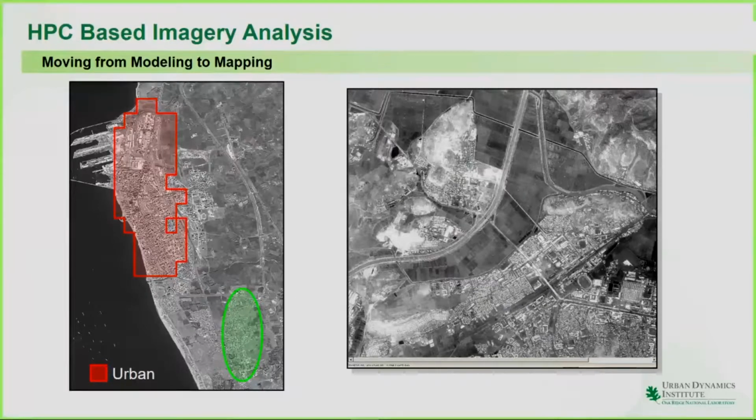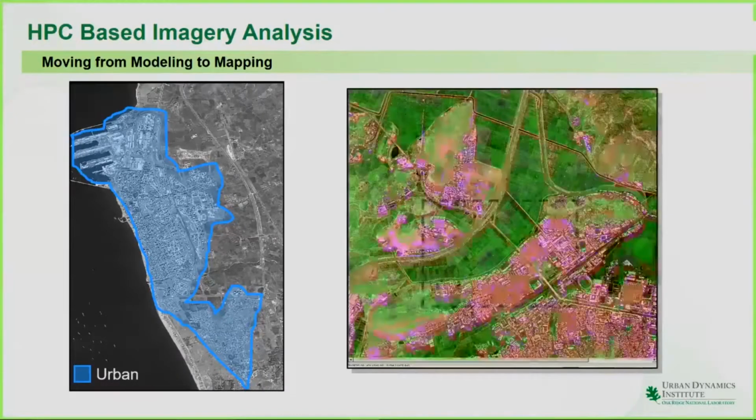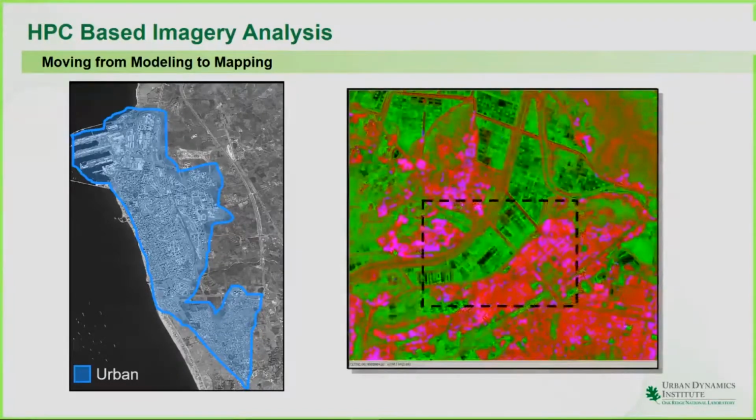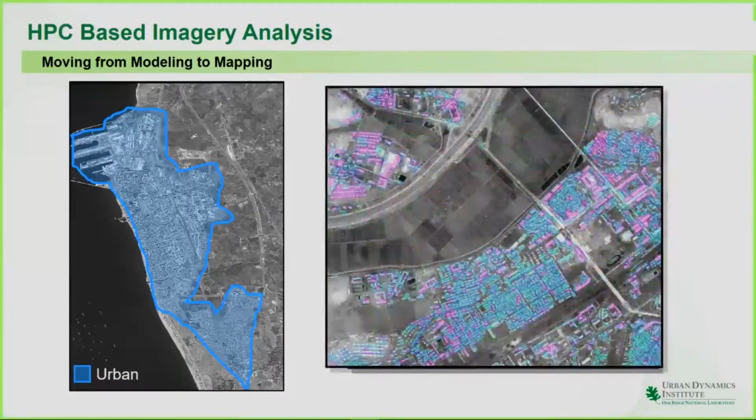One way people have done this in the past is hand digitize that. That obviously gets you a better answer, but if you can imagine, that's really not scalable for the entire world. So we want to move beyond having to hand digitize areas and really get to a point where we can use the feature information that's in imagery to automatically extract those settlement characteristics.